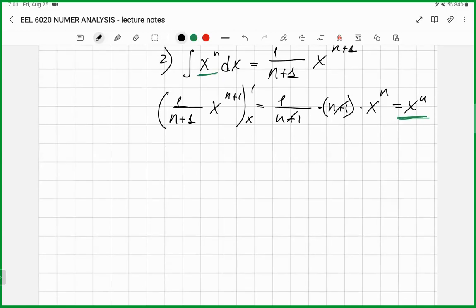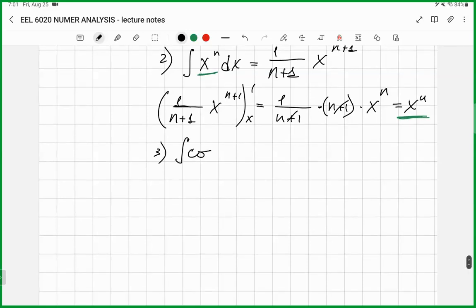The formulas we also will need are for sine and cosine. Let's start with sine. So for the integral of sine x dx, we have minus cosine x. Again, why? Because the derivative of cosine gives me minus sine, and this minus must be cancelled by the one that we put here to get sine under the integration operation.